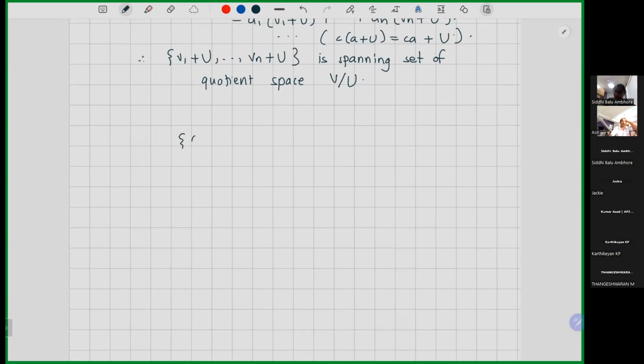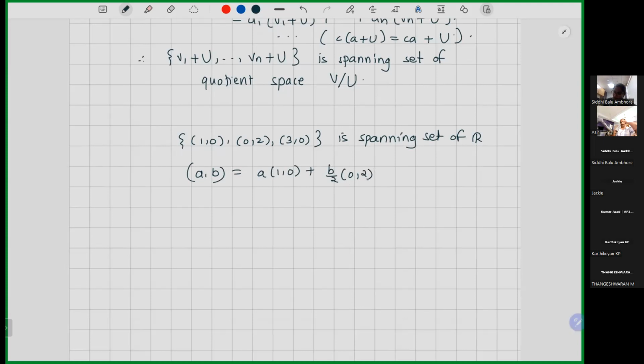For example, (1,0), (0,2), (3,0) is a spanning set of R2. I can always write (a,b) as a(1,0) plus b/2(0,2) plus 0(3,0). It is spanning. Span means that's it.